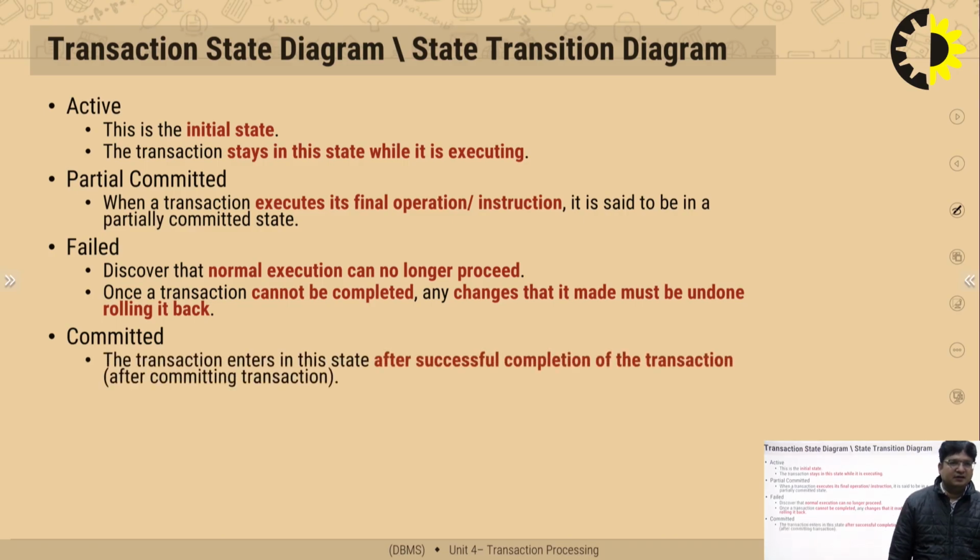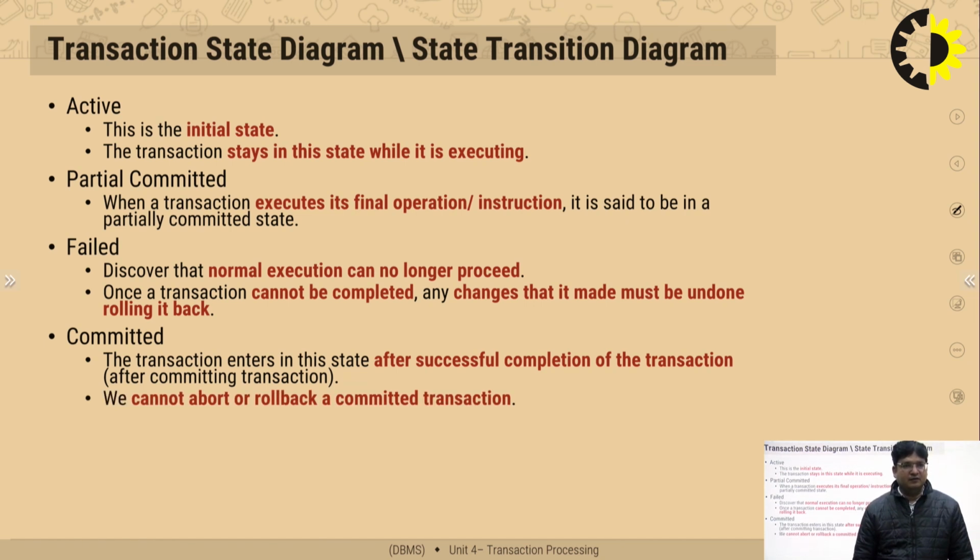Committed state: the transaction enters this state after the successful completion, that is, the values are reflected back in the disk, then that is committed state. Next, we cannot roll back or abort a committed transaction, that is for sure. Once it has committed, we cannot roll back the changed values.